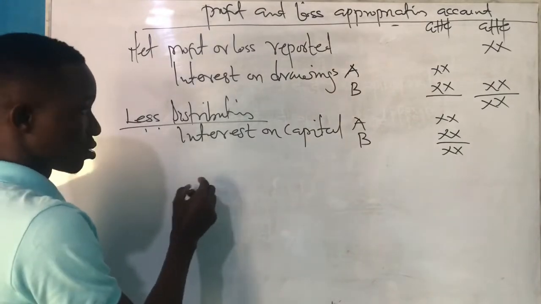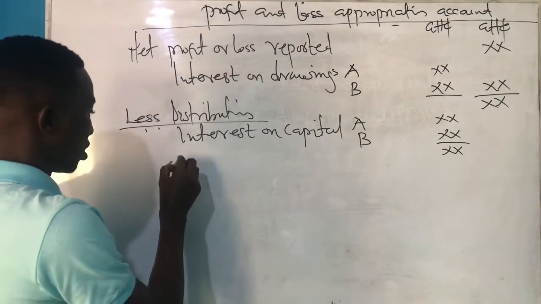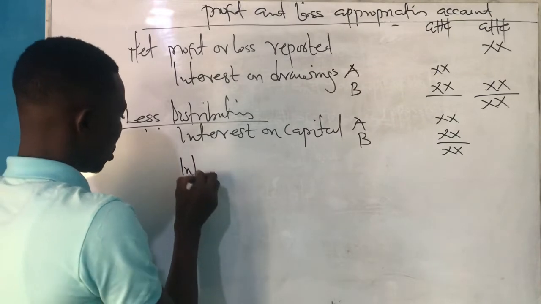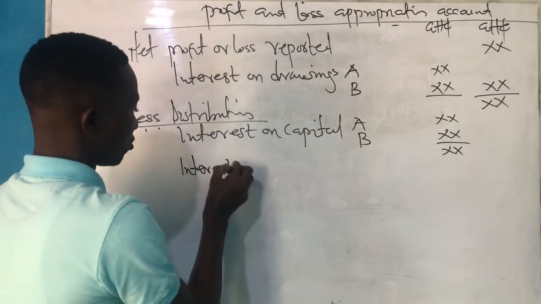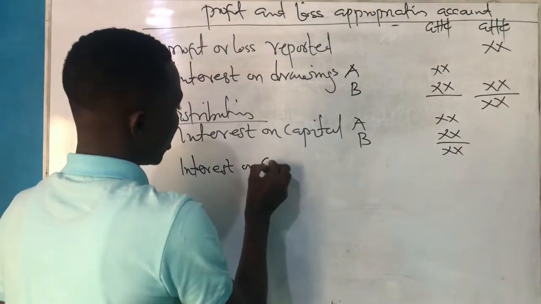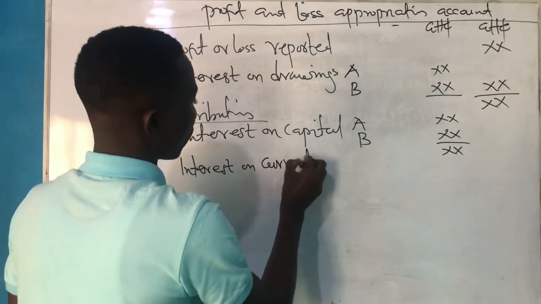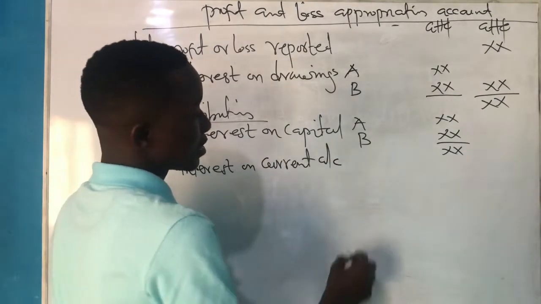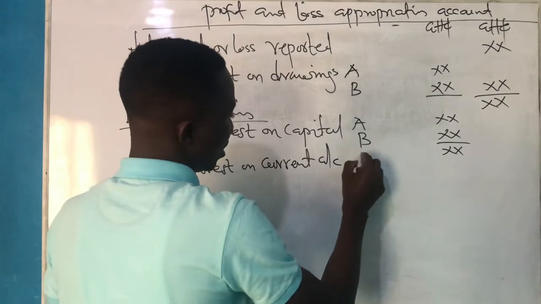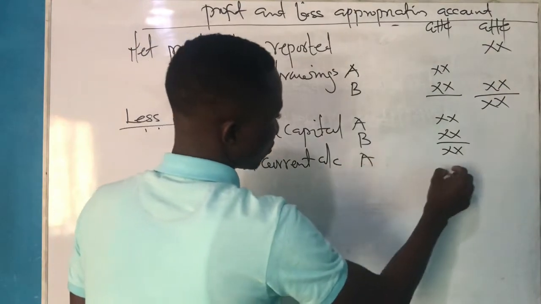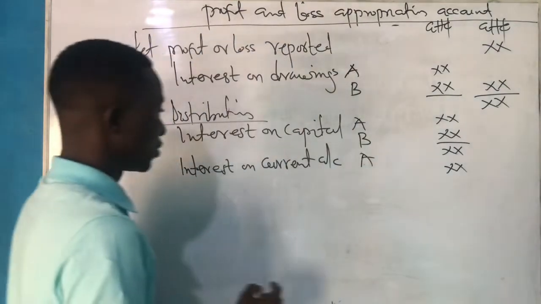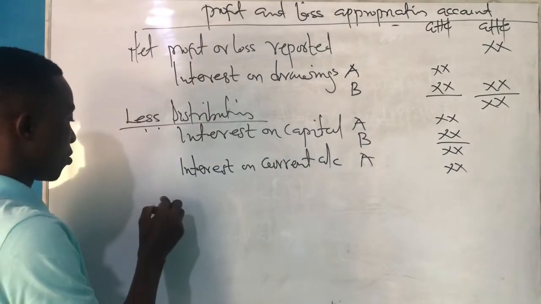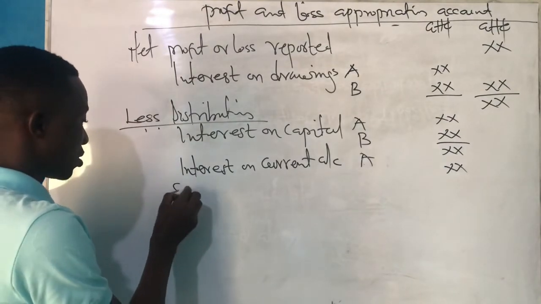Then maybe we have interest on current account. Let's say this time it is only partner A. Let's say partner salaries. Okay, so salary.